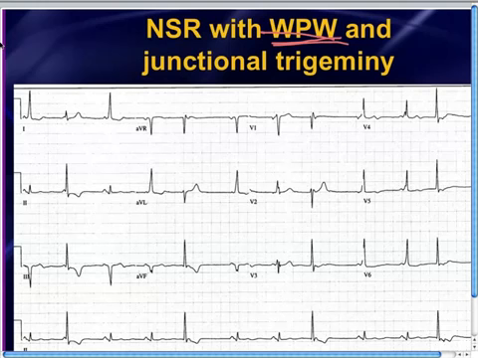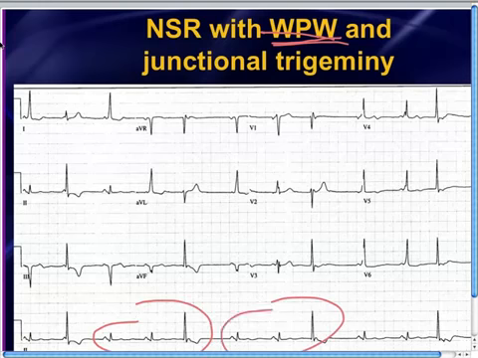So, very simple. A few key take-home points here. Number one, once again, when you see that a rhythm is regularly irregular, look for Mobitz and look for premature complexes. That's your differential. Takeaway point number two. Complex rhythms can be very easy when you break them down. So you just break them down into sections.